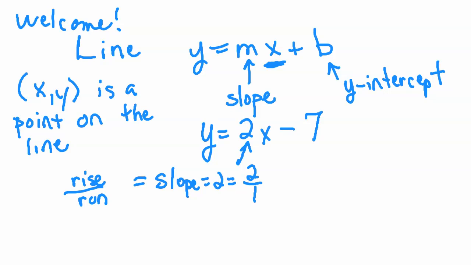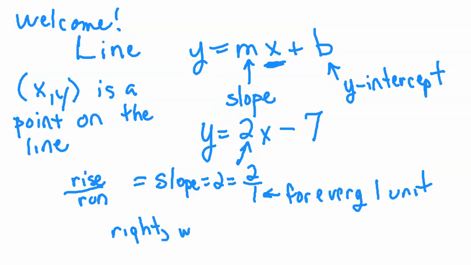So rise is up and down, run is left and right, or vertical divided by horizontal. So this means for every 1 unit right, since it's positive, we move 2 units up since it's positive.